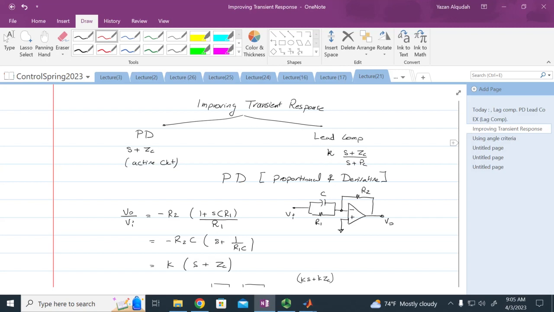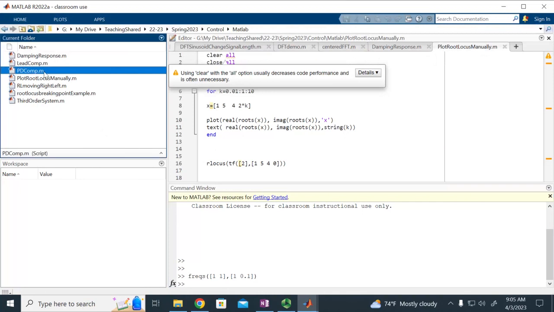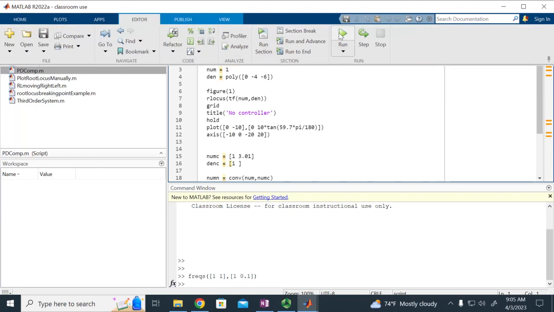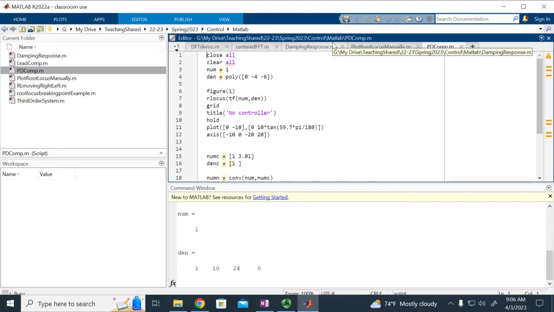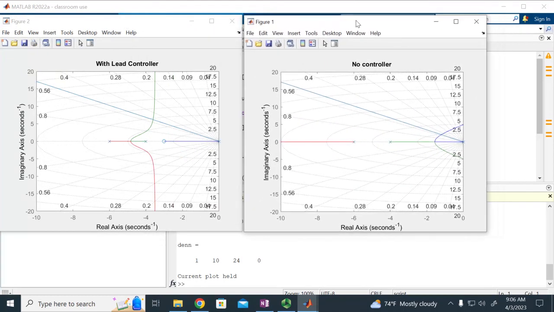Okay, let's run some MATLAB quickly. This is not very easy to see, but maybe it is not as hard as it appears.